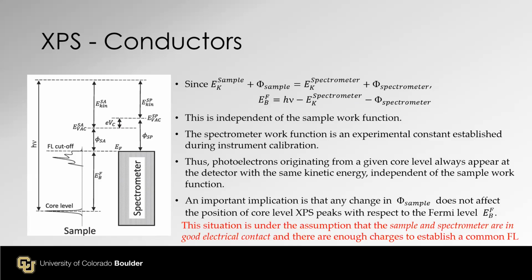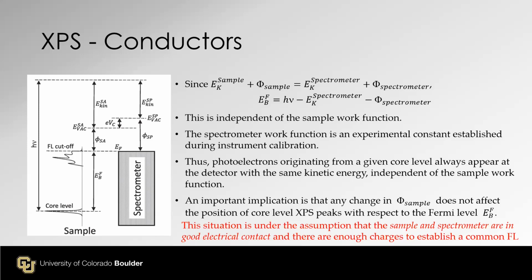Therefore, photoelectrons coming from the core level always appear at the same kinetic energy, independent of the sample work function. That's the big assumption. The important thing is that we have to hope the sample work function does not affect the position of the core level XPS peaks.